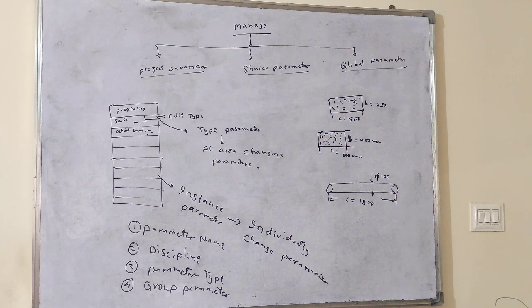So just now I have written here parameter name, discipline, parameter type, and group parameters. The group parameter is nothing but this one. If you go to edit type also, you will find there is a group parameter. You can see graphics coming as a group parameter, because graphics is the folder.